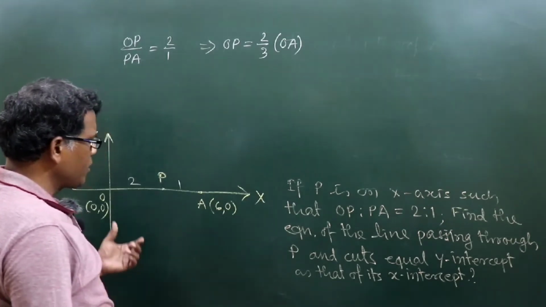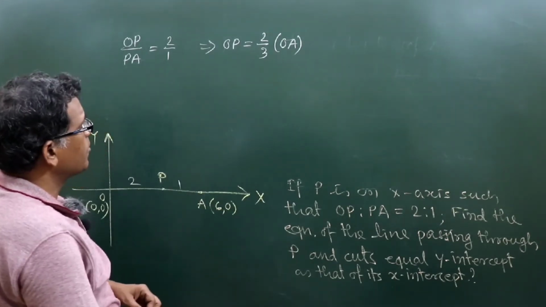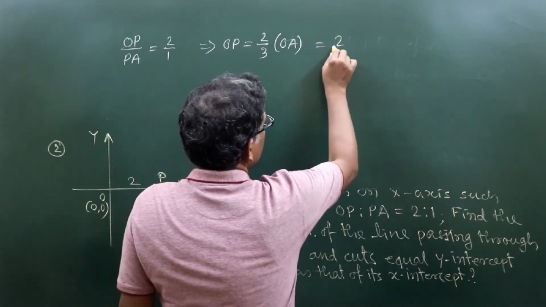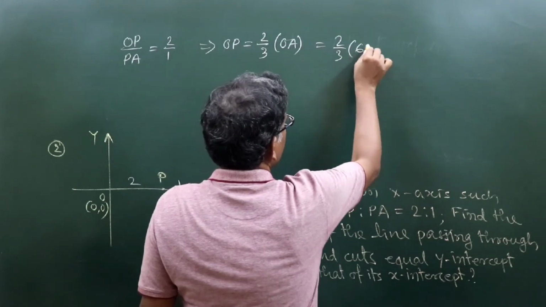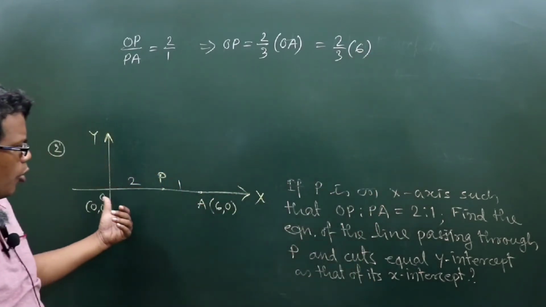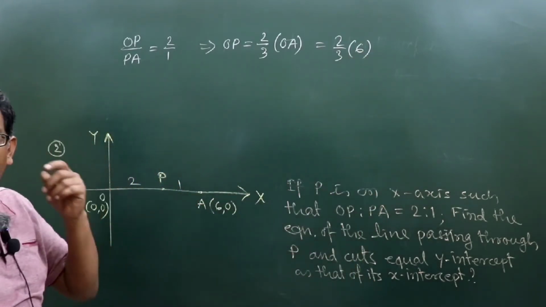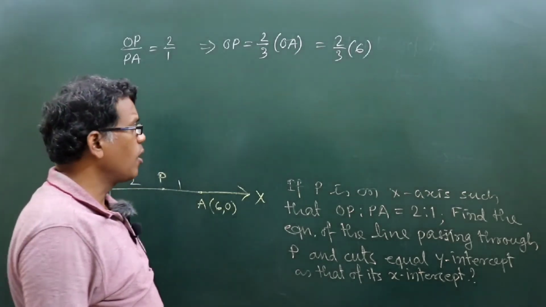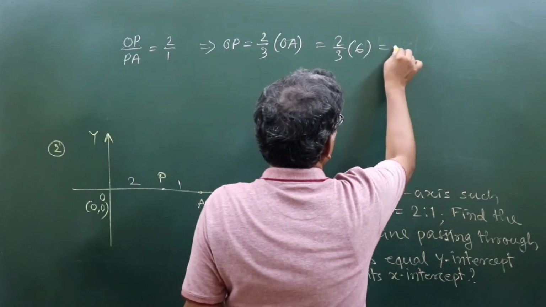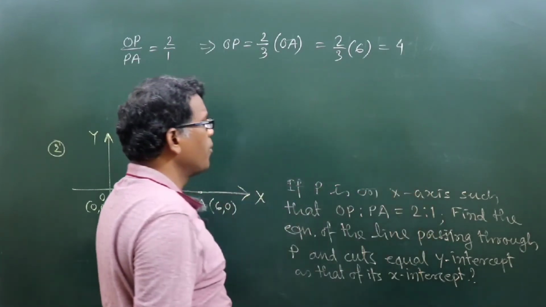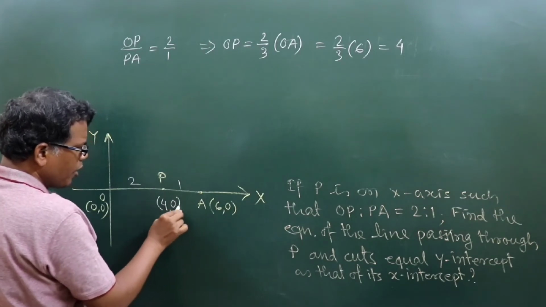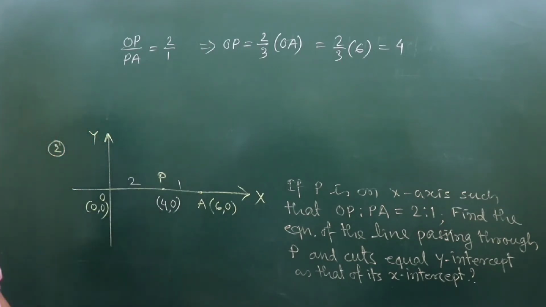So this is 2/3 into 6. The length of OA is 6, as the coordinates of A are given as (6, 0). So that means this is 4. So OP is 4, and I can consider the coordinates of P as (4, 0). Right?